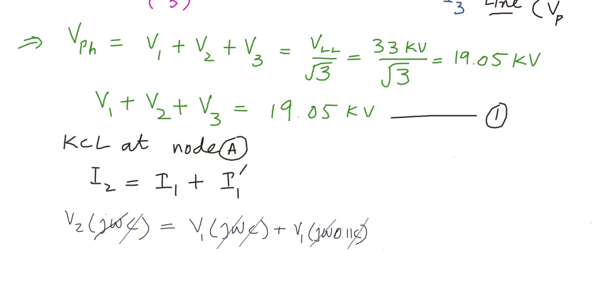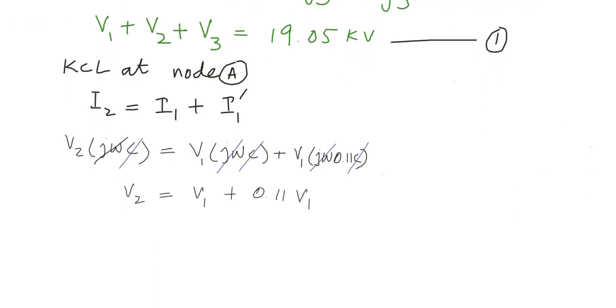So now we can write V2 is equal to V1 plus 0.11 times V1, and we can further simplify it. It will be 1.11 times V1. Okay, so we got a relationship between V1 and V2.